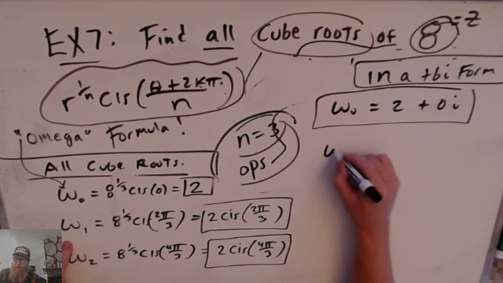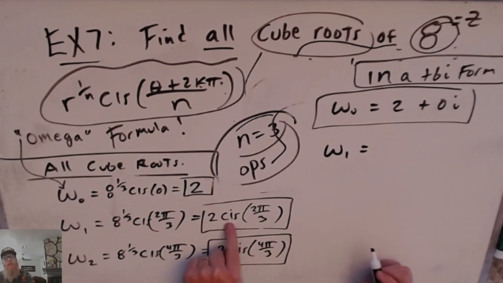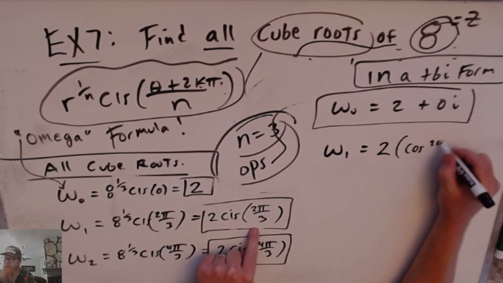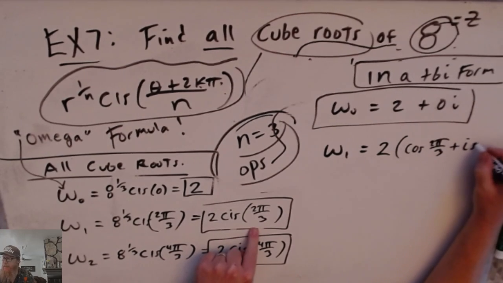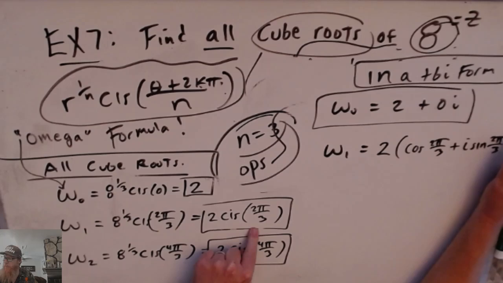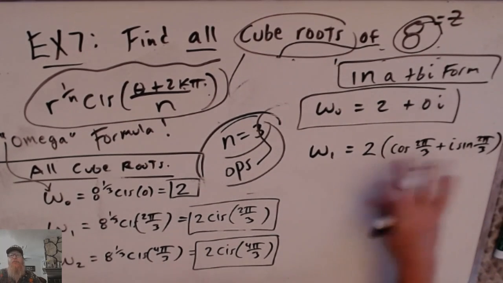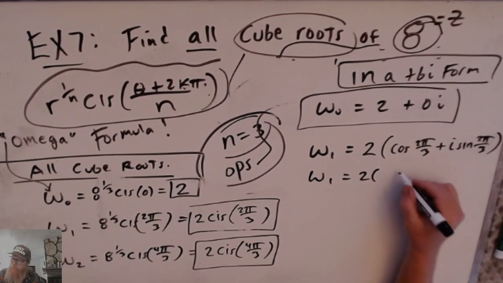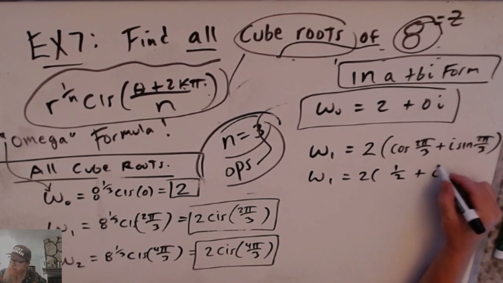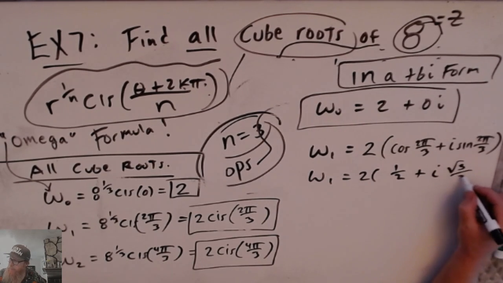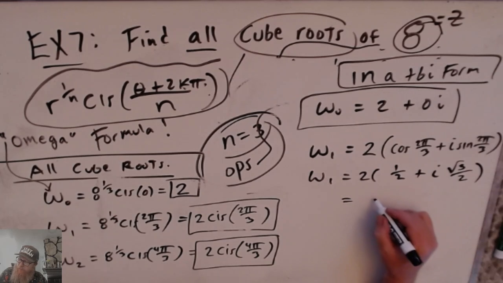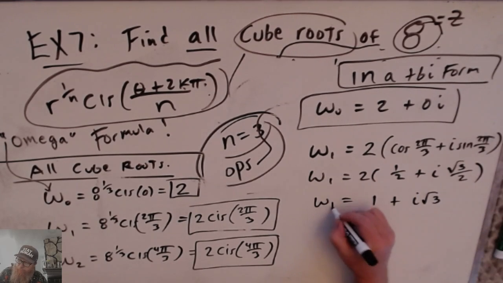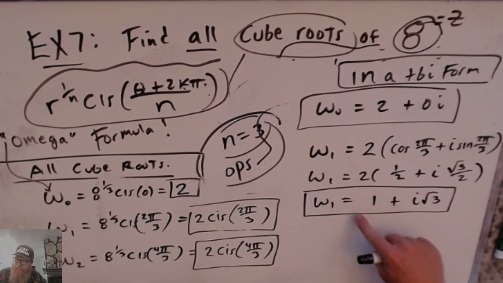For this one, you actually have to do the cosine and the sine. So that would be cosine 2 pi over 3 plus i sine 2 pi over 3, and actually figure out what that is. Cosine 2 pi over 3 is -1/2. Sine 2 pi over 3 is root 3 over 2.